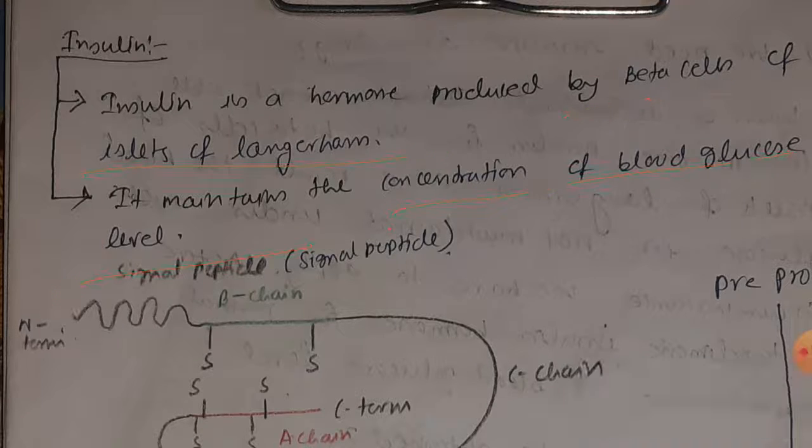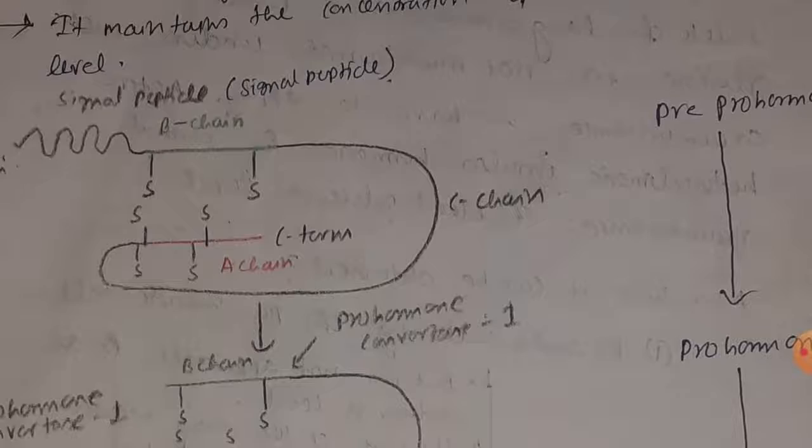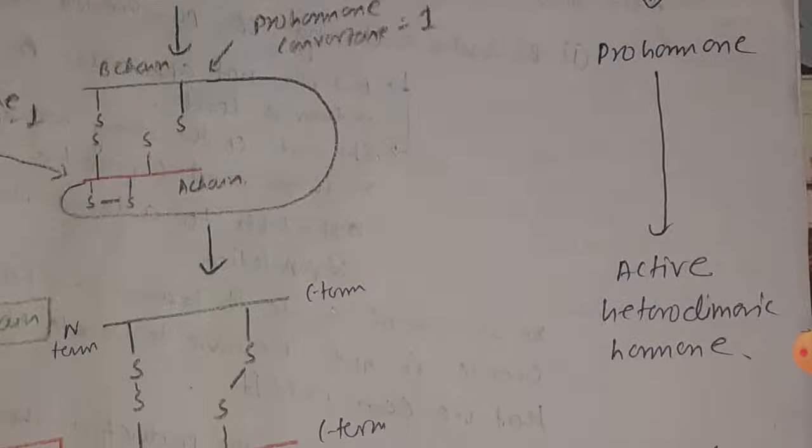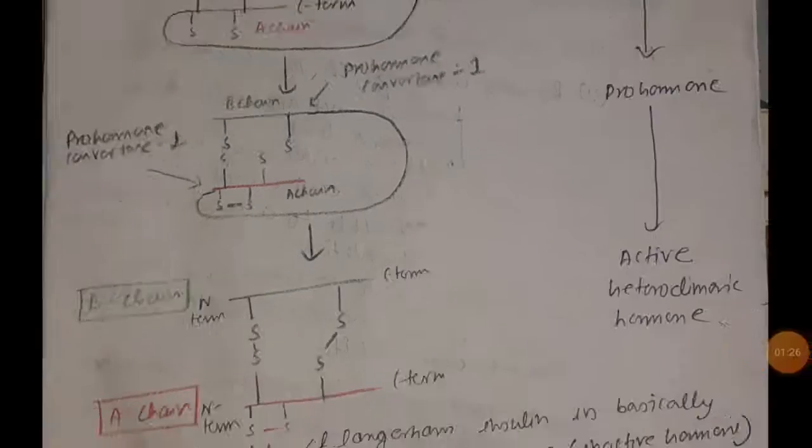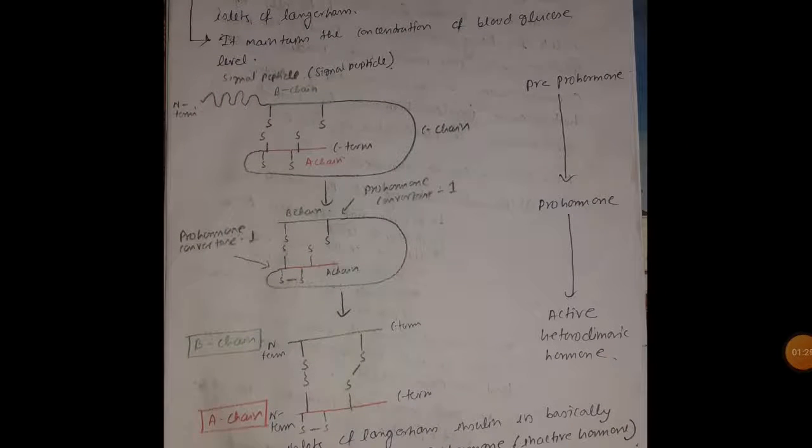First, I want to mention that insulin is secreted in an inactive form from the beta cells of the islets of Langerhans, and whenever it is needed by the body, it is first converted into a prohormone, then into the active heterodimeric hormone. So let's see how it occurs.